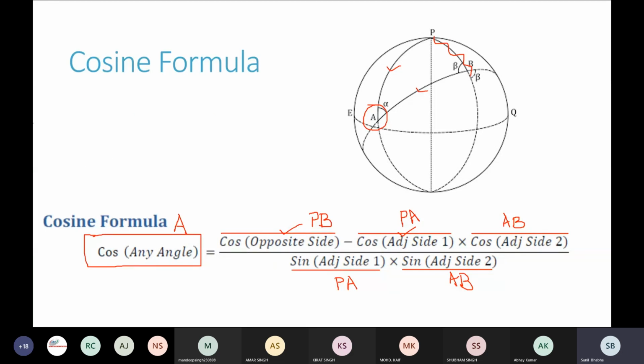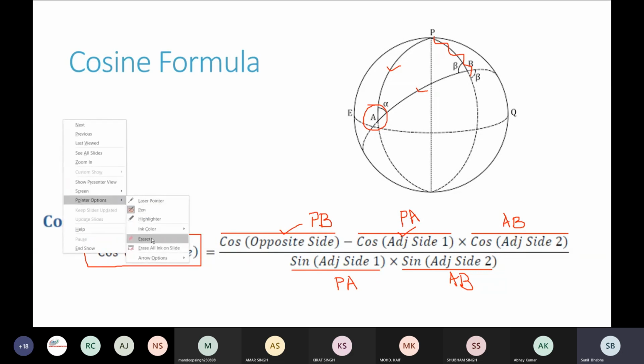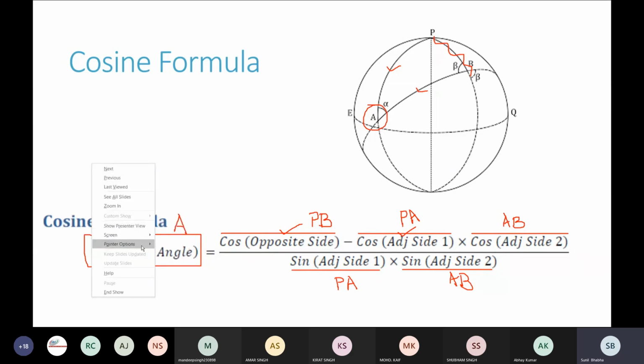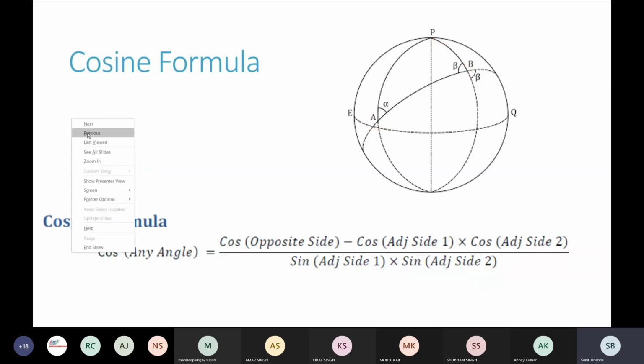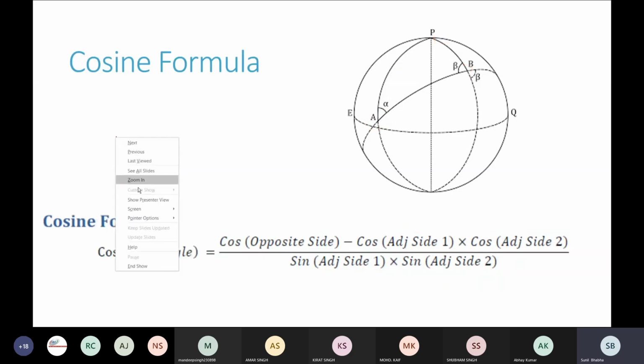The second usage is, let me explain it to you here. Let's erase the ink. Okay, the second use here is that if you know any 2 sides of this triangle, okay, you can pick up any two sides here, beta.